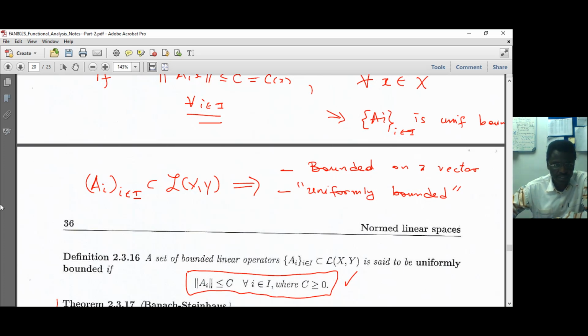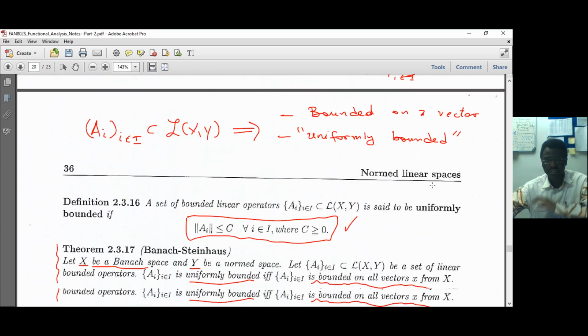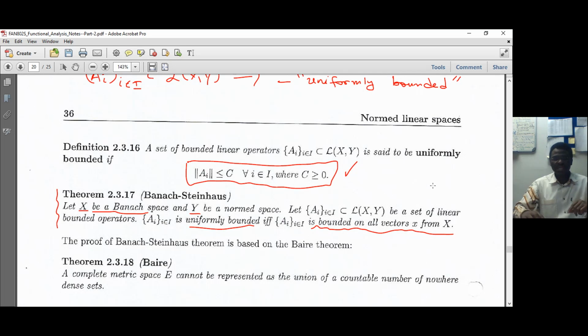Repeat, we have a family of bounded linear operators from X to Y. Such a family, we can define whether it's bounded on a vector or if it's uniformly bounded. Now, to prove that it's uniformly bounded, if we succeed to prove that it's bounded on all vectors of X, the Banach-Steinhaus theorem tells us that it will be uniformly bounded. So that is the key idea about the Banach-Steinhaus theorem.